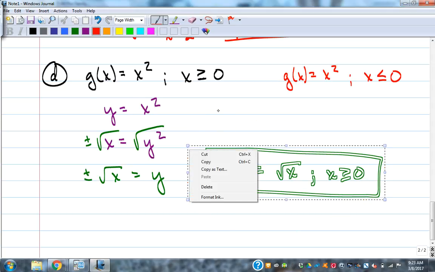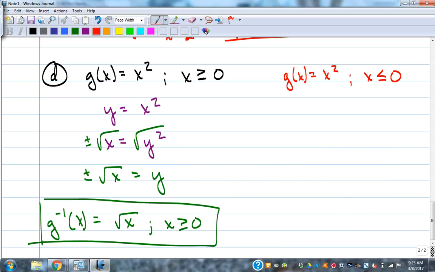Either way, let me move this out of the way. We'll just make that example E, because I think it's worth it. Finding the inverse works the same way. Take the square roots. The difference is which side do you keep? Why the negative side?